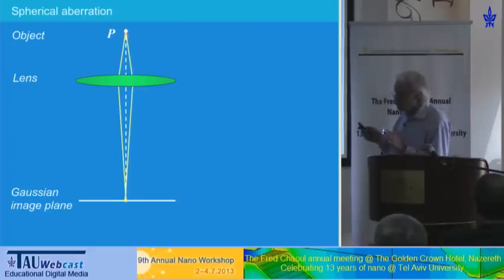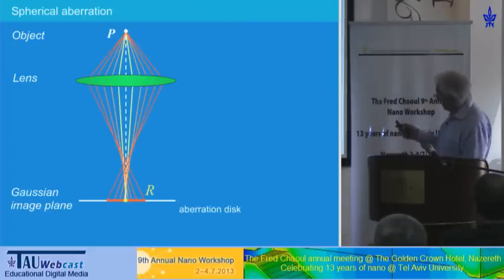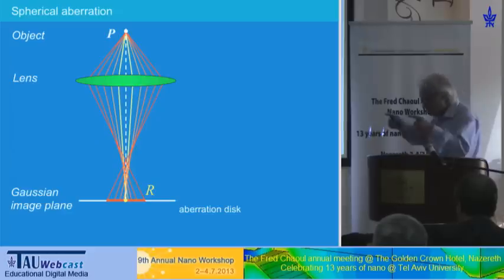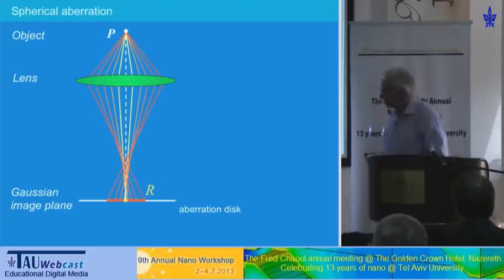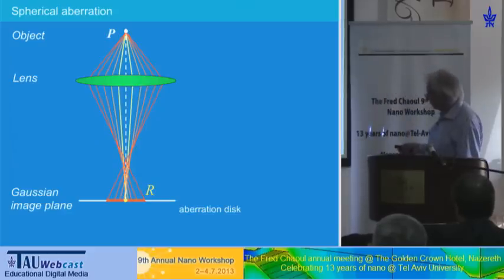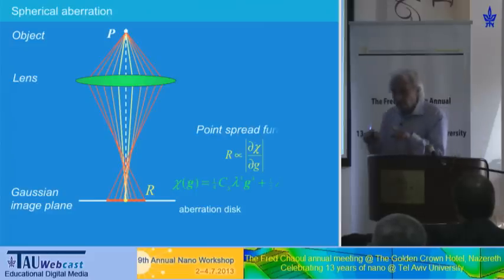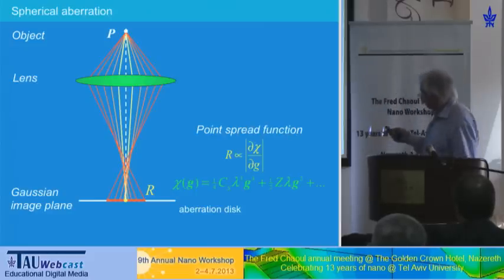Spherical aberration means that when you have a wide-angle bundle of electrons, these pass the lens at the periphery and come to a focus much ahead of the Gaussian image plane. As a result, you do not image the point into a corresponding point, but rather into an aberration disk, which is given by the so-called point spread function, which is the derivative of this aberration function, which we just got to know a minute ago.